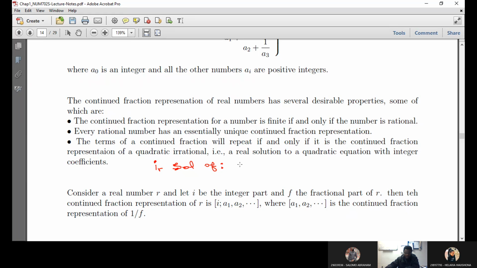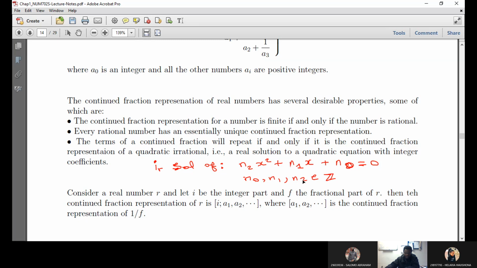Let me call this n2 x squared plus n1 x plus n0 equal to 0, where n0, n1, n2 are all integers, right?